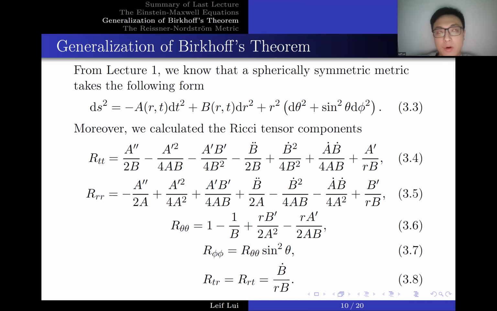The other method calculates the Ricci tensor in orthonormal bases, where we are subtly calculating the Christoffel symbols in a more direct manner using Cartan's first and second formulas. I will not do these calculations again. If you want to see how they are done, refer back to lecture 1. So these are the Ricci tensor components for this spherically symmetric metric.